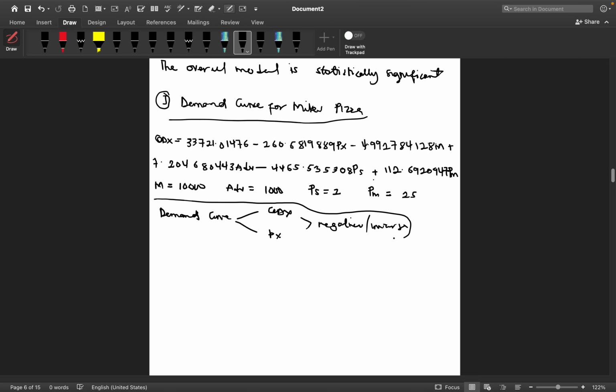This is the concept behind the demand curve, the relationship between QDX and PX. So with this estimated demand equation, we maintain the PX because of the definition. I'll maintain the relationship between PX and QDX. With the other variables like M, Advert, Ps, Pm, I'll substitute their values into it.